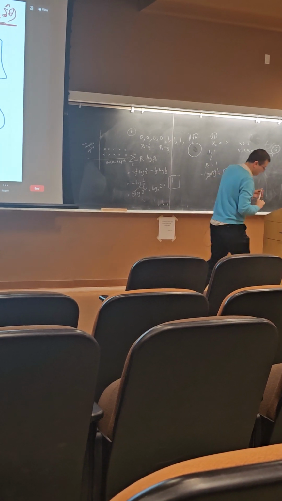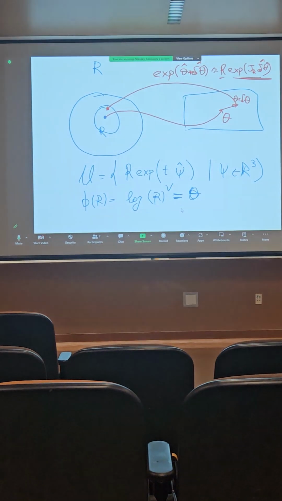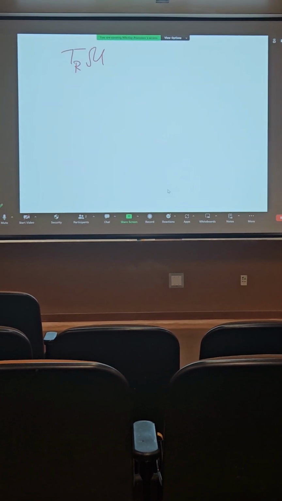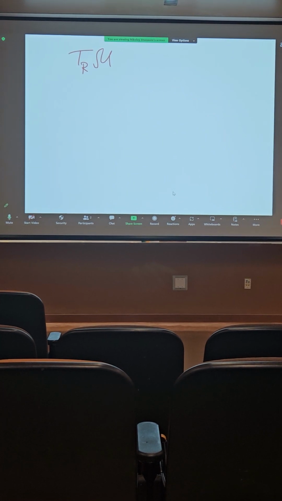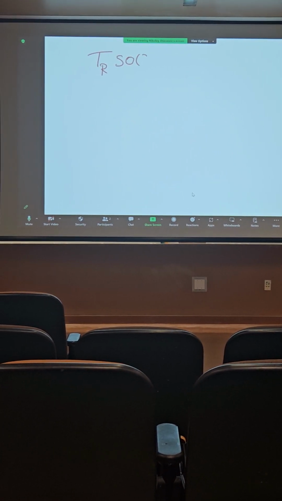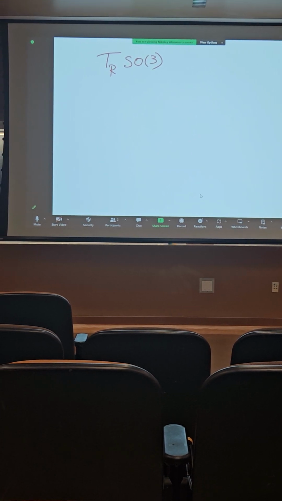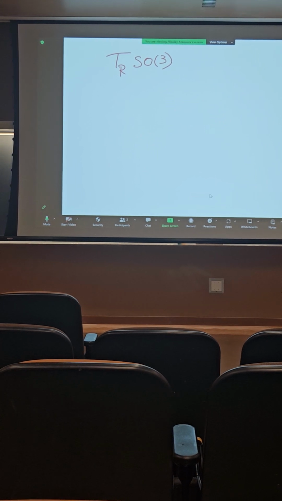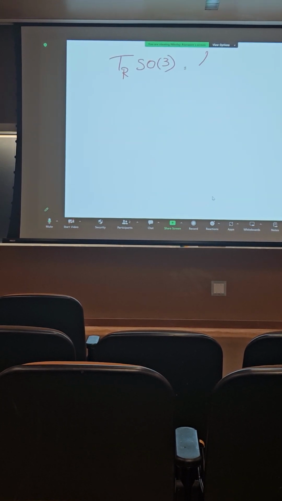So they look like this, I don't know if I have it in the slides, but they look like this. So the tangent space, let's call it T_R SO3. So the tangent space of SO3 at rotation R looks like this.